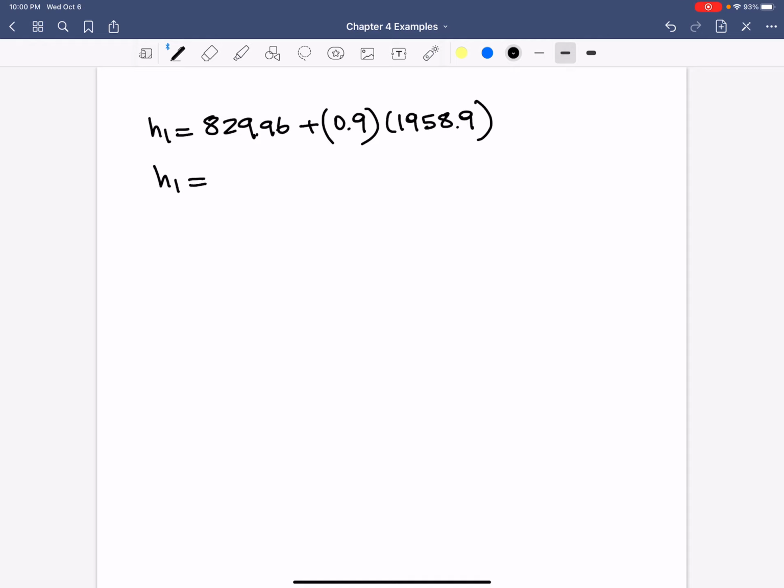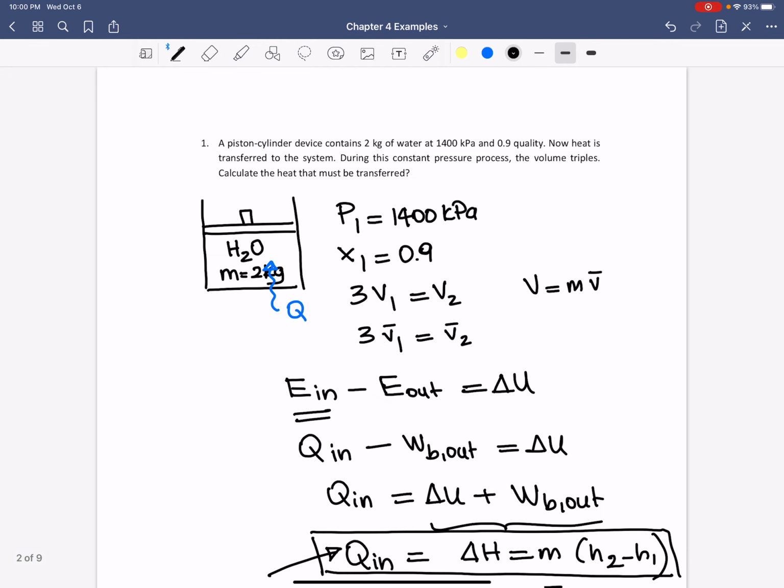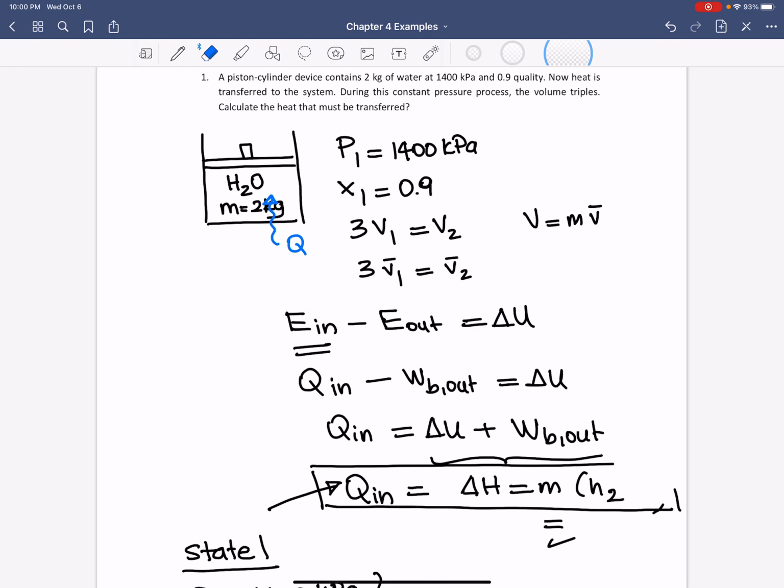So your specific enthalpy at the first state is 2592.97 kilojoule per kilogram. Okay. All right, so that we can now use this in our energy balance.